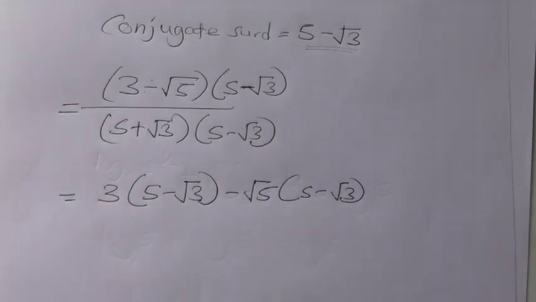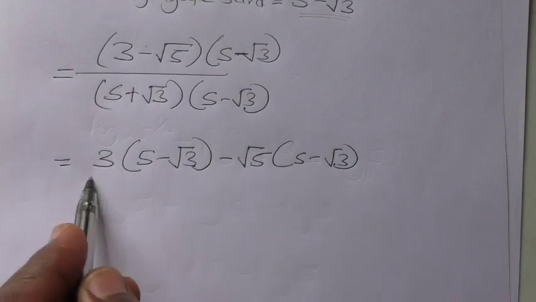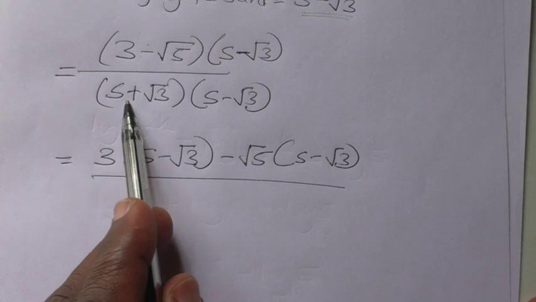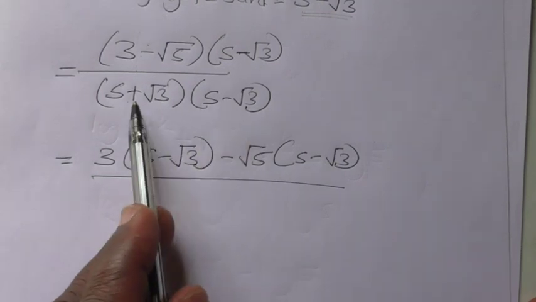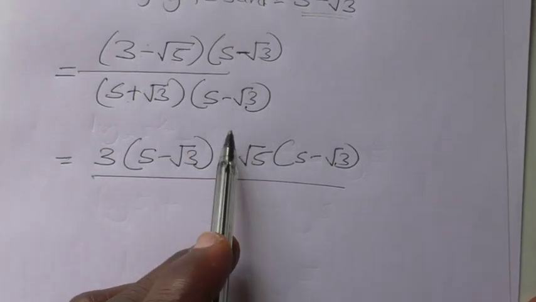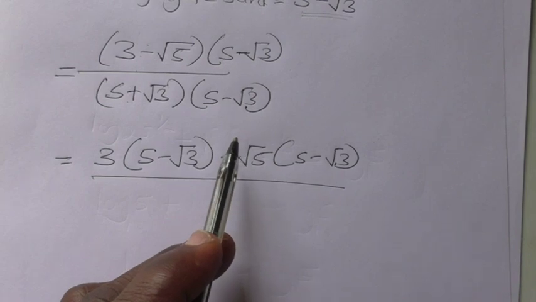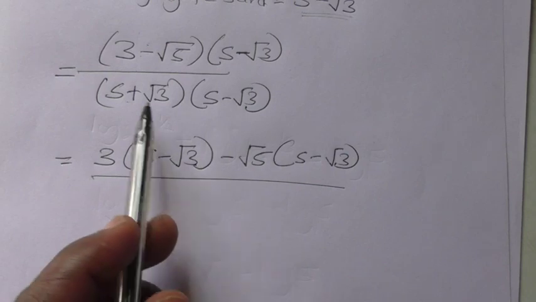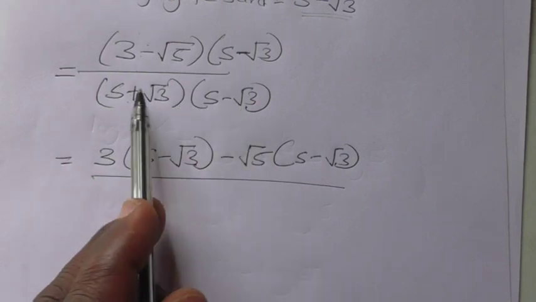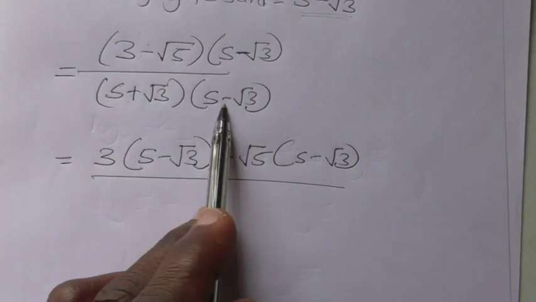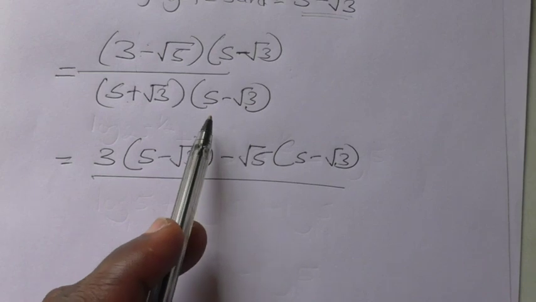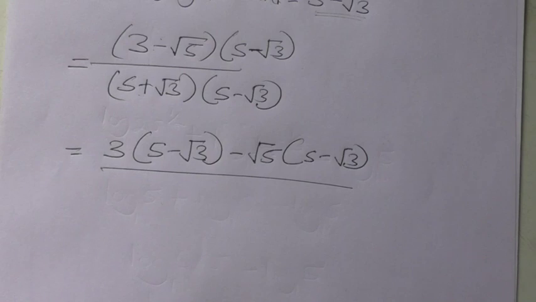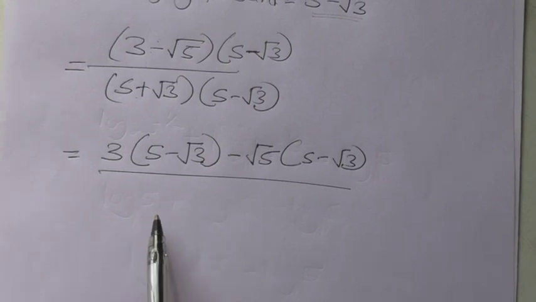So that is how we shall expand. The same applies to the denominator. But if you look at the denominator, we can apply the idea of difference of two squares, since they are the same terms but with opposite signs. However, that could be the shortcut, but let us expand just like we've done in the numerator.